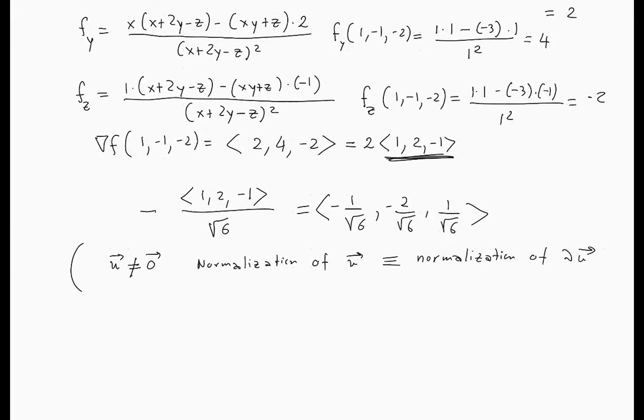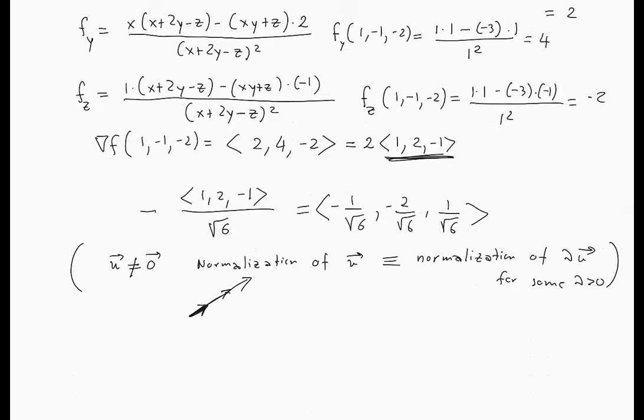If you think about it, normalizing a vector means take the unit vector that points exactly in the same direction, right? So if instead of the original vector you had, let's say, this one, they will both have the same normalization, which is this. It's a very simple principle that can make your life much easier. It wouldn't have been a big deal. I mean, you would have got a slightly more complicated fraction, but it would have been perfectly fine.